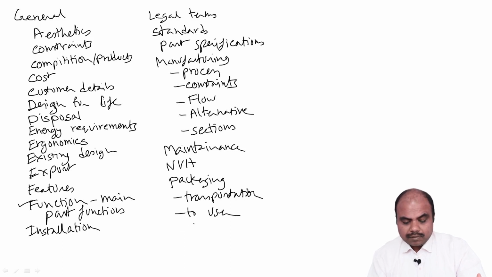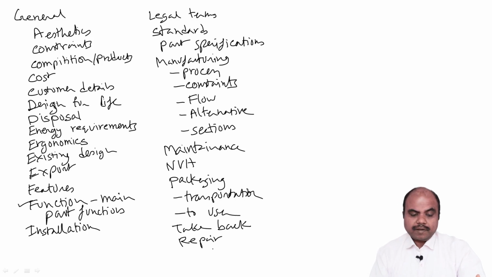And you can also take back the packaging. And then you can also say take back, then repair. So all these things we can have. So these all are general.